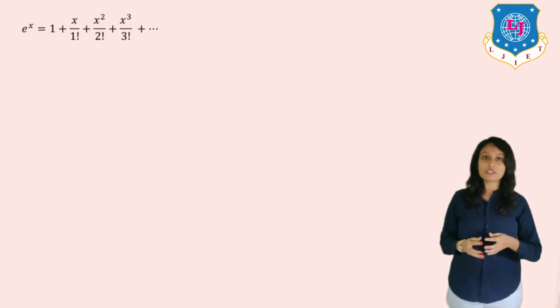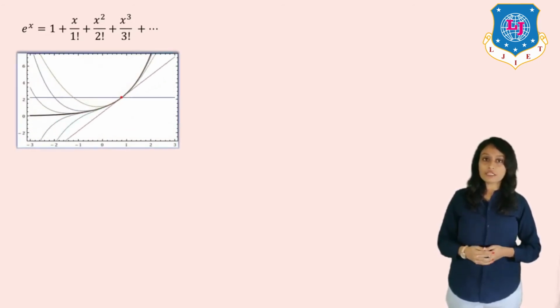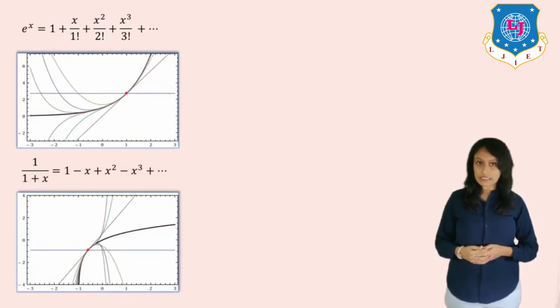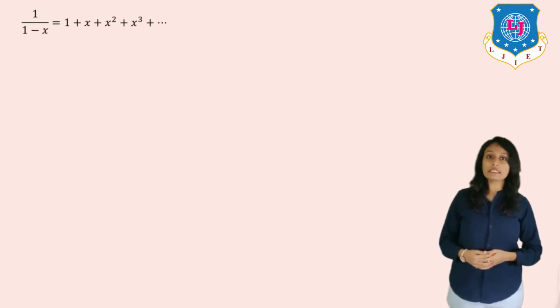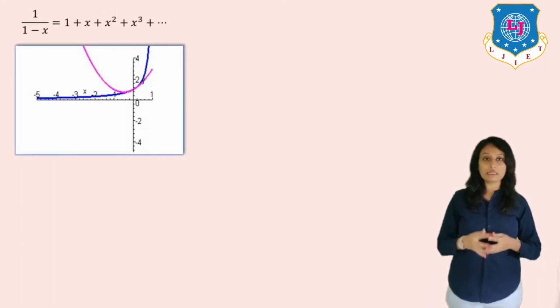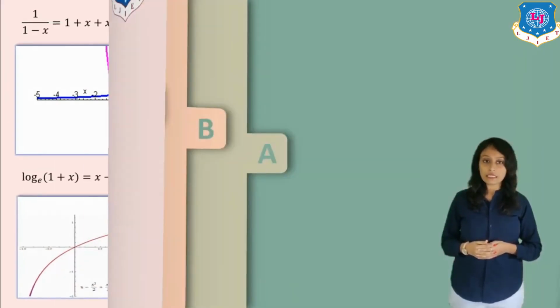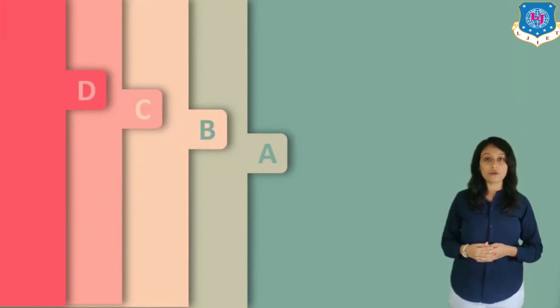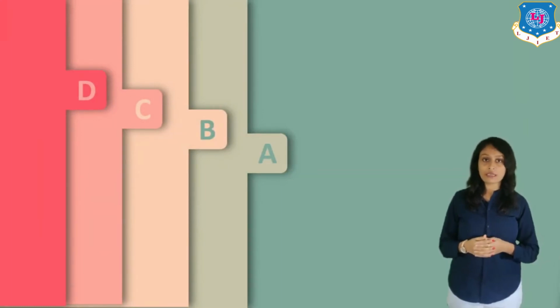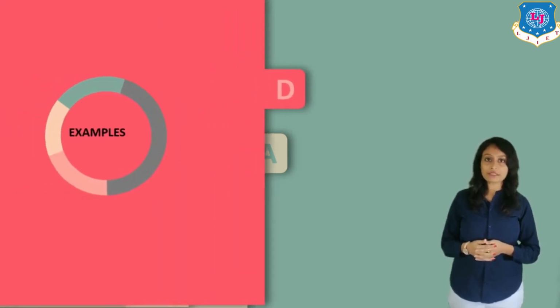Again, a graph of e raised to x formed using Maclaurin series. Then the graph of 1 upon 1 plus x. Also we will see the graph of 1 upon 1 minus x and the graph of log 1 plus x base e. So these all the graphs are formed using Maclaurin series. Now let's see few more examples.